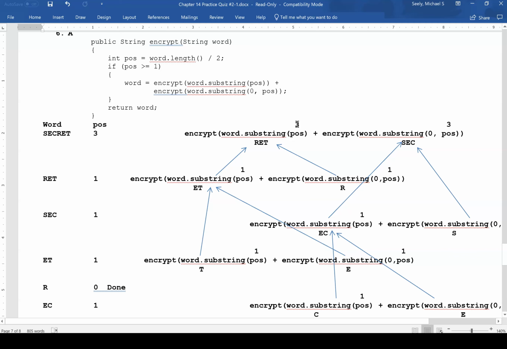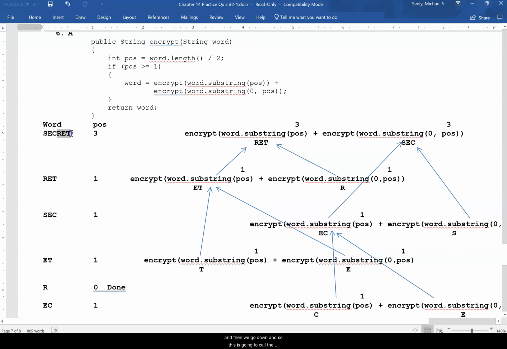Okay. All right, and then we've got this second one, which is what? Word.substring 0 to 3. Okay, so word substring at position 3. So 0, 1, 2, 3.